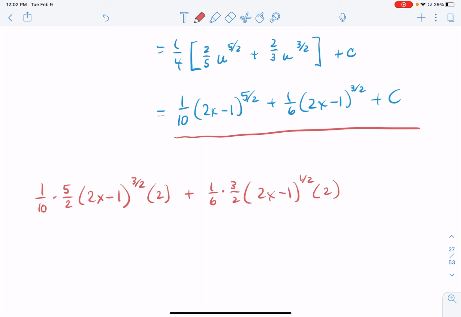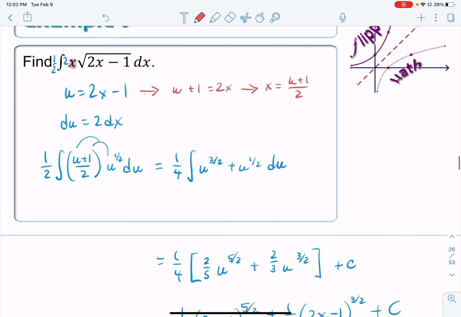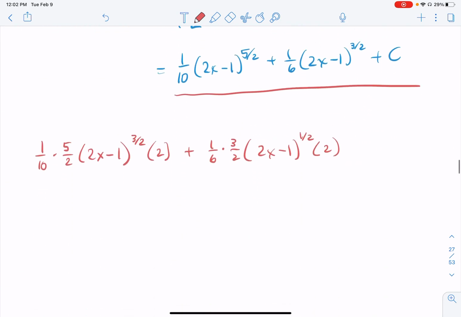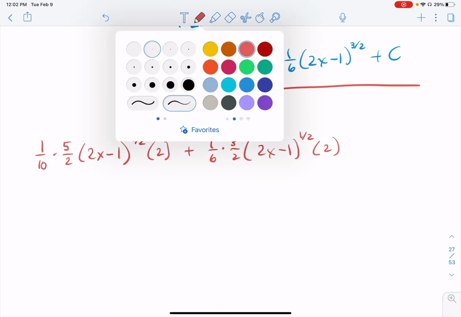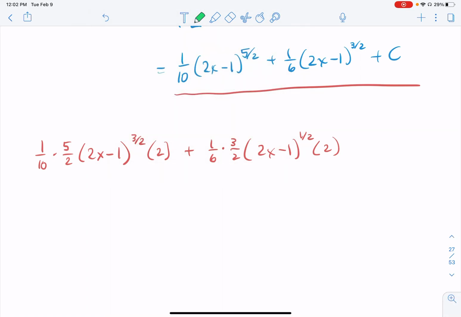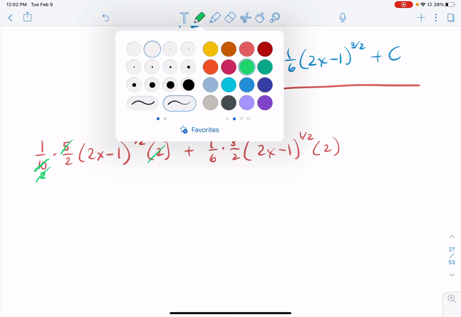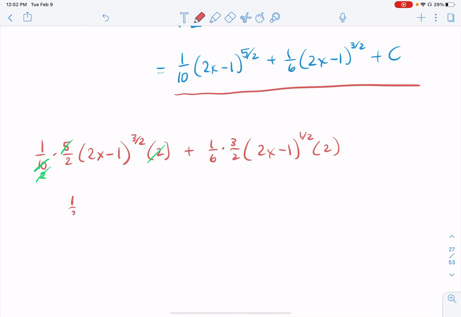All right, that's good. Let's see if we can clean this thing up. So far, not so good. All right, so cancellation crayon this time is going to be green, whatever. So 5 and 10 gives us a 2. Maybe one of these 2's and this 2 cancel out, but I still have this 2 right there. I have a half, 2x minus 1 to the 3/2.